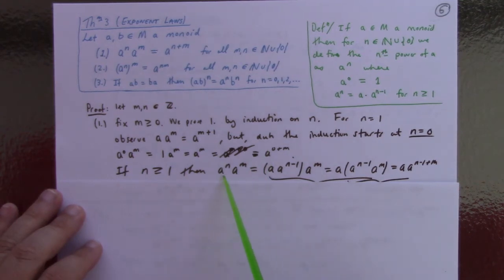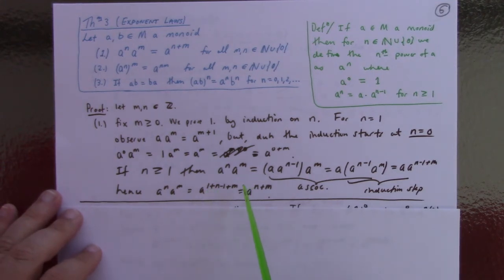But anyway, a times a to the n minus 1 is that by the definition. And then that's n minus 1, so by strong induction, I can do that. By associativity, I can do that. Then by the induction step, I have this, but then by the definition of product, I can get n minus 1 plus m plus 1.